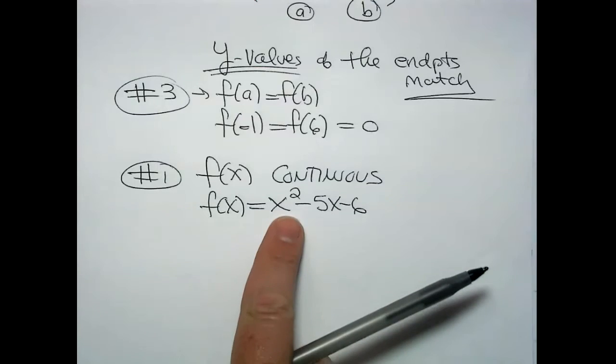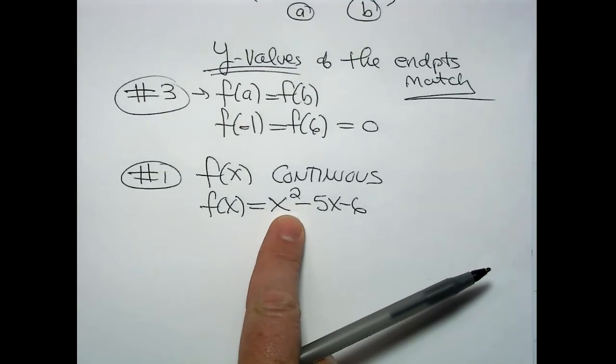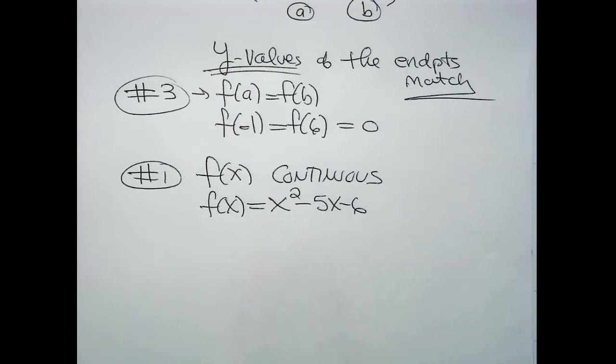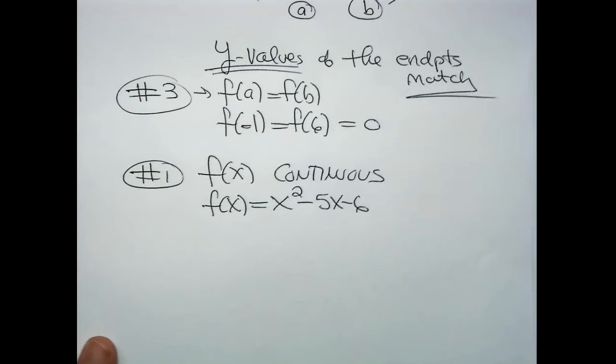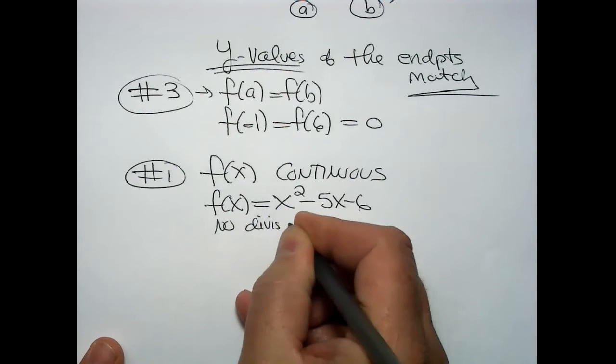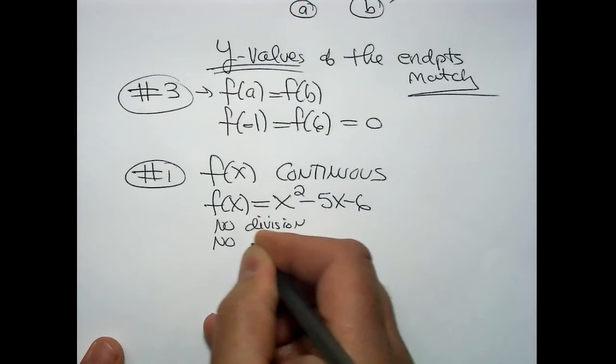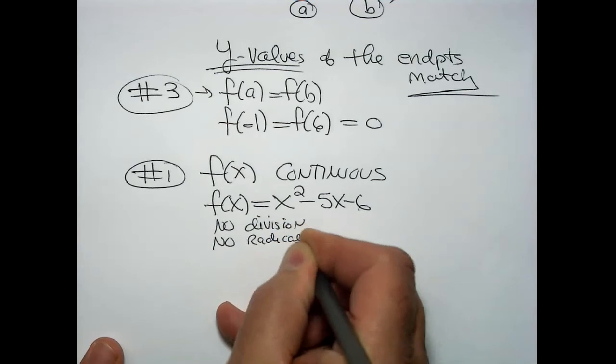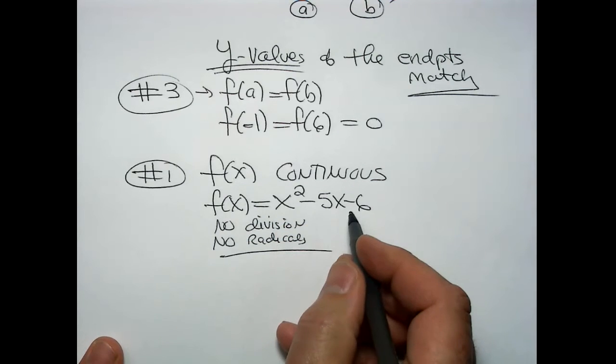Well, there are really two things that are going to cause it to be discontinuous, and that's the square root of a negative number and dividing by 0. Let's take a look at the function again. No square roots and no division at all. So there's no division and no radicals, really. So we don't have to worry about this thing ever being undefined.